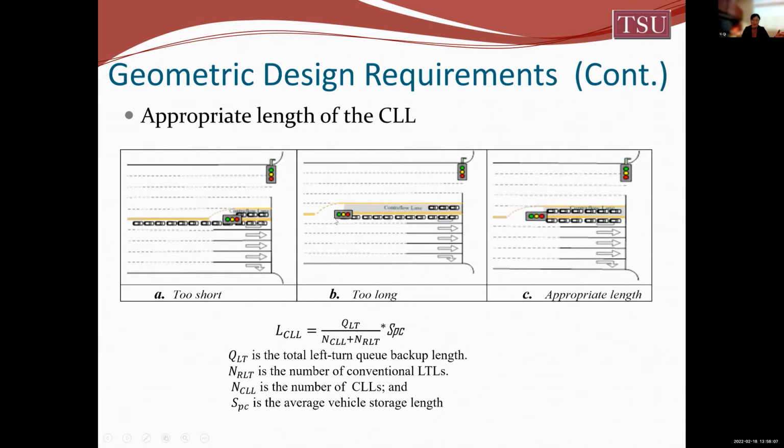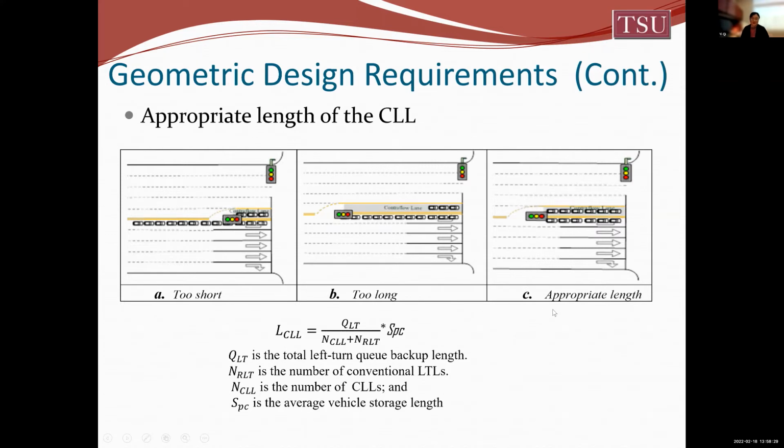Then they miss the opportunity to enter the control flow left-hand lane, because when the pre-signal lights turn green, they're already in the regular left-hand lane. So only a few vehicles can enter the control flow left-hand lane, and the utilization rate is still very low.